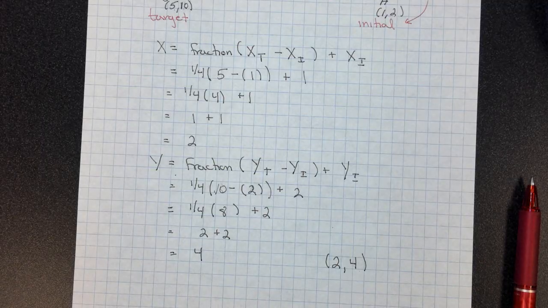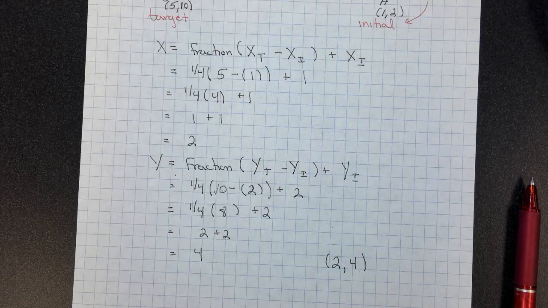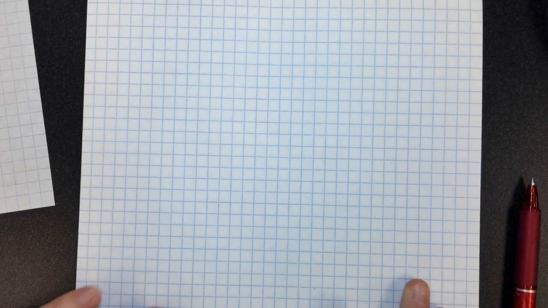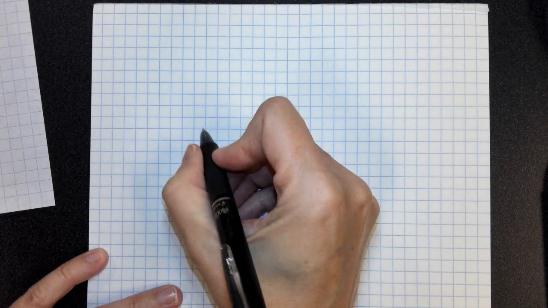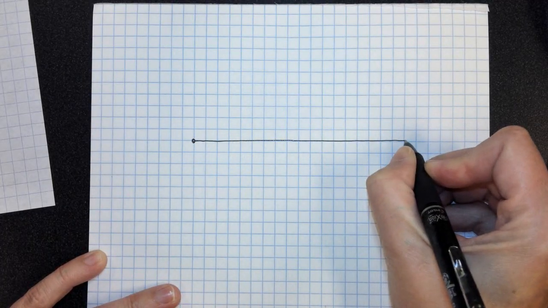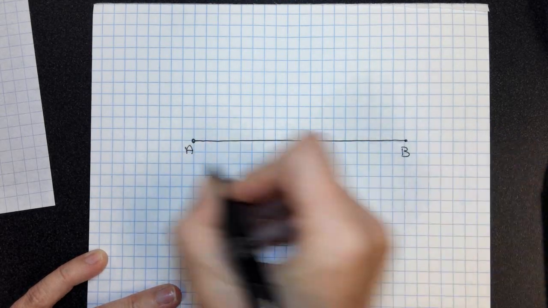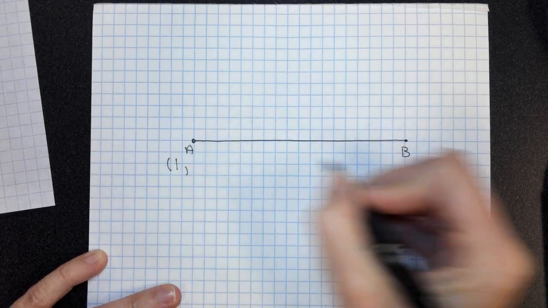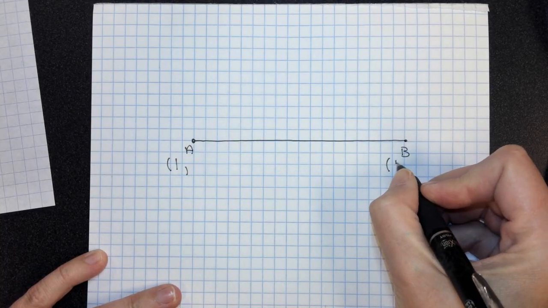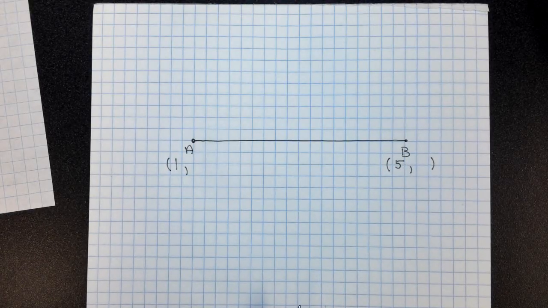So let's look at this a different way, just so you have another perspective. I'm going to draw just a straight line here. And here's my A, and here's my B. I'm going to look at 1 and 5, and right now we're only going to look at the x value.